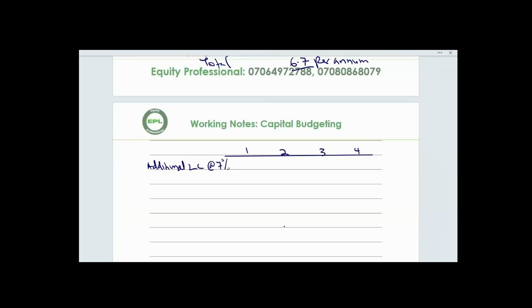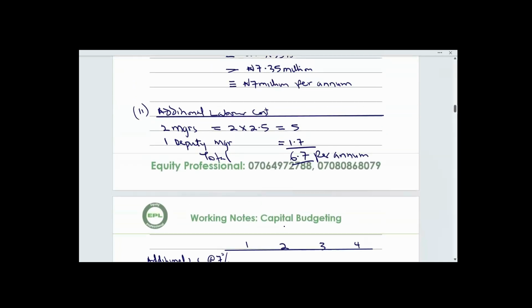So the first year price, remember, our labor cost per year is 6.7 million. So when you round it up, that will be 7 million in the first year. However, when you want to inflate from your calculator, you have to type 6.7 multiplied by 1.07. That's 7.169, multiplied by 1.07. That's 8.